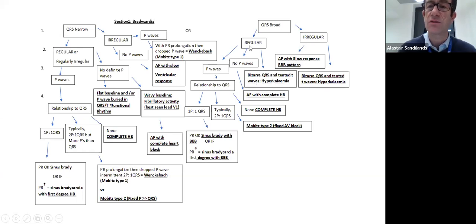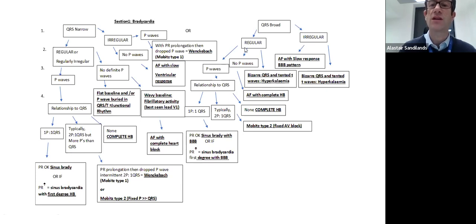Otherwise, if it's a regular broad rhythm and there are P waves, look at the relationship of the P waves to the QRS. If it's a 1-to-1 relationship, we could have sinus bradycardia with bundle branch block, right or left, or if the PR interval is prolonged, sinus bradycardia with first degree heart block and bundle branch block, because the QRS is broad.